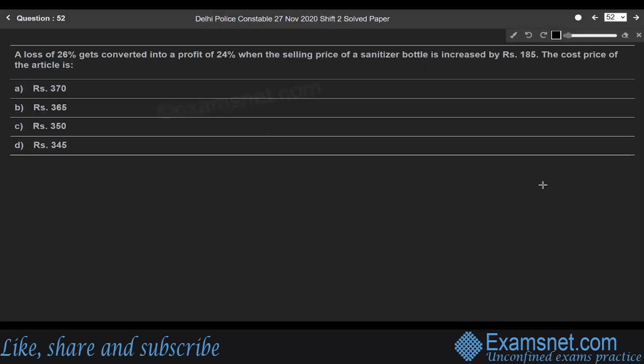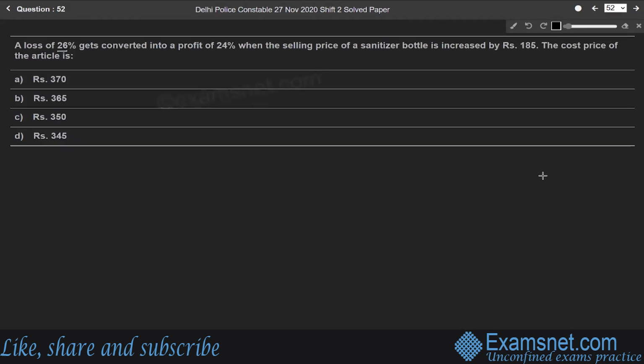Question 52. A loss of 26% gets converted into a profit of 24% when the selling price of a sanitizer bottle is increased by 185 rupees. The cost price of the article is? So here we are using two formulae.